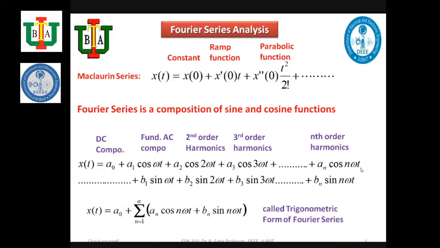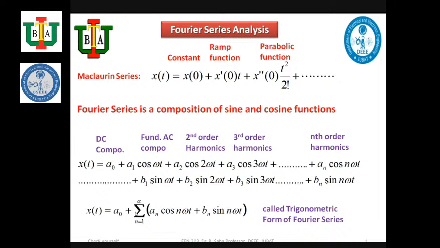And in terms of sine, b1 sine omega t, b2 sine 2 omega t, b3 sine 3 omega t, and so on up to bn sine n omega t. So this is the series. Here a0, an, b1 to bn are called the coefficients of Fourier series. A is the coefficient of the cosine terms, B is the coefficient of the sine terms.